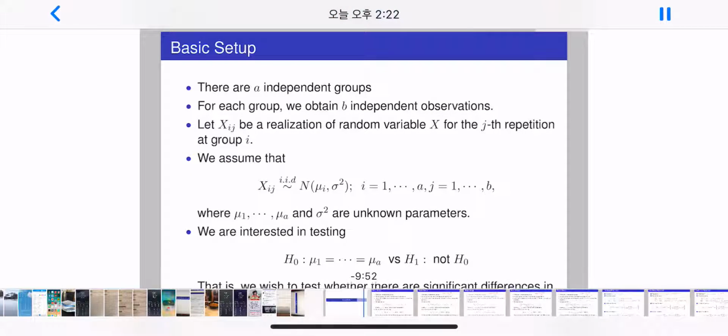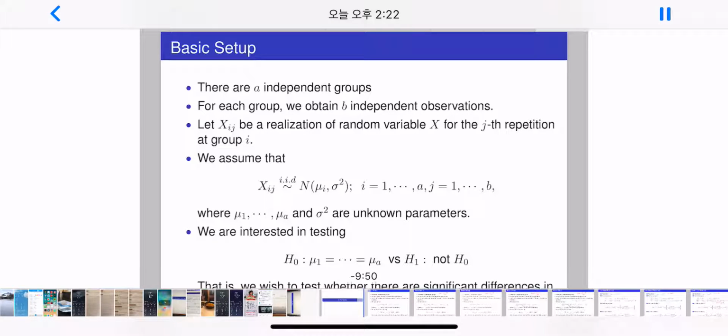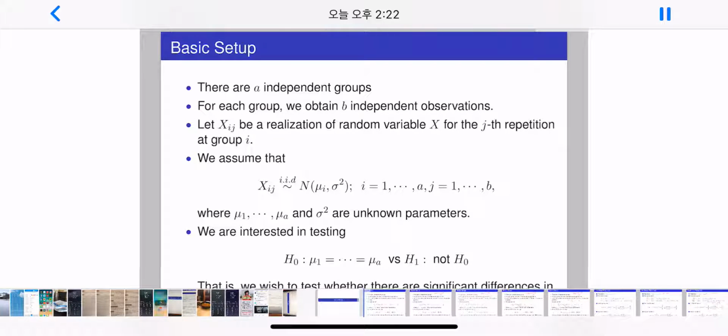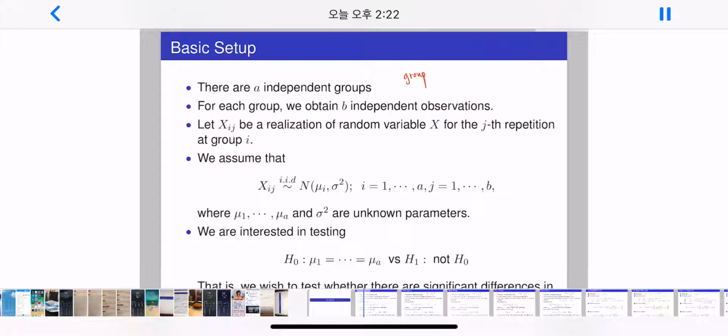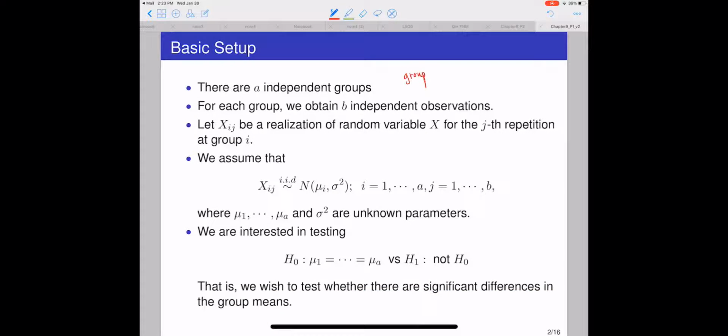So, the data: suppose that there are A independent groups. A group can be blood type, for example, or major, right?